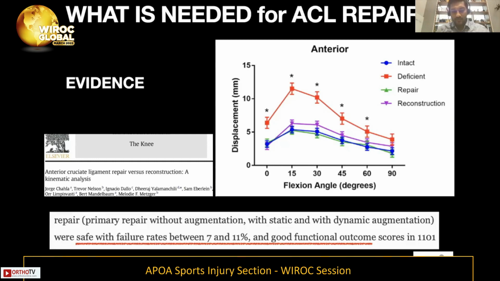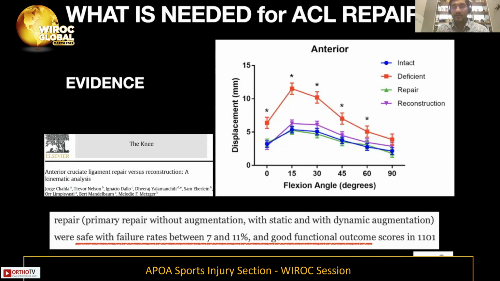So there are not a lot of studies published, but now there has been 2 to 3 randomized controlled trials as well. And a meta-analysis tells us one thing for sure, that ACL repair is safe. The failure rates may be slightly higher, that's between 7 and 11% vis-a-vis an ACL reconstruction, probably having a failure rate between 3 and 5%.